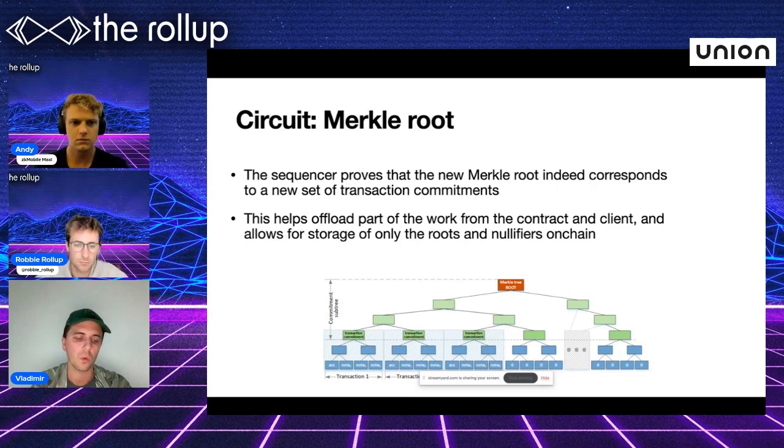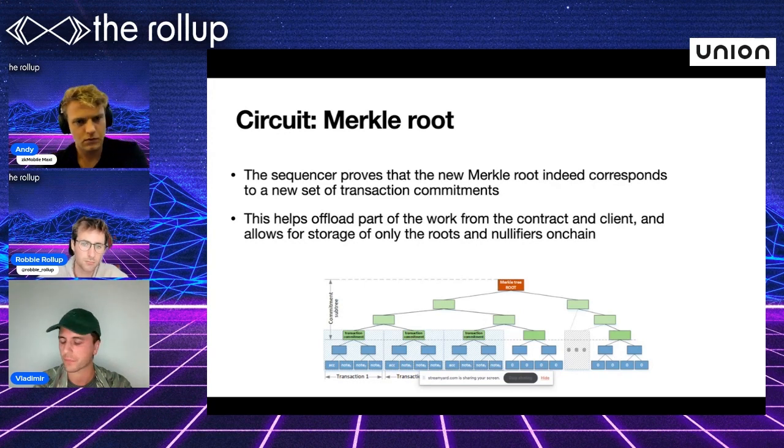We don't want to do the calculation of the Merkle root on chain, because we use the Poseidon hash because it's SNARK friendly, and it's rather expensive to calculate on chain, because it also includes hard operations, I would say.